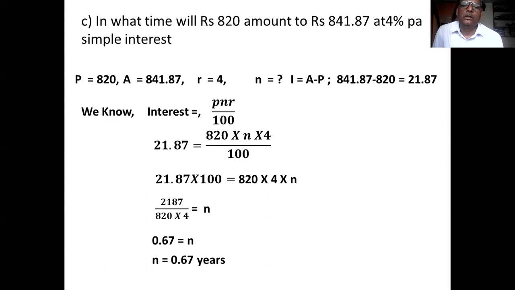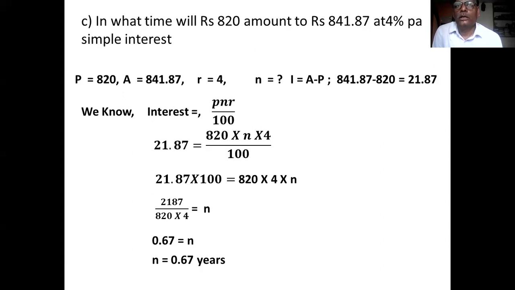8 months. 0.67 years means how many months? 8 months. How did you calculate it? You tell me please.